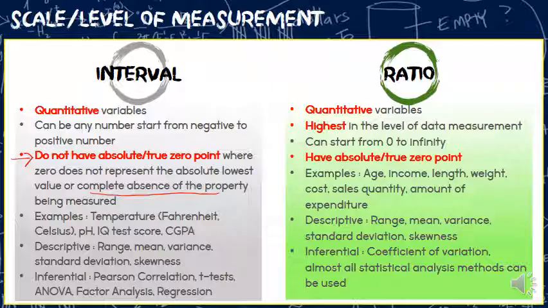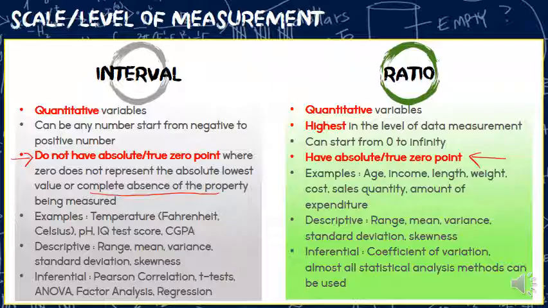Okay? Last one adalah ratio scale. Ratio scale sama, quantitative variable. Boleh jadi discrete quantitative, boleh jadi continuous quantitative. Ratio scale is the highest level of data measurement. Can start from 0 to infinity, and ratio scale have absolute 0 point. Bermaksud di sini, kalau variable ni measurement dia 0, bermaksud measurement yang dia tengah measure tu tidak ada.